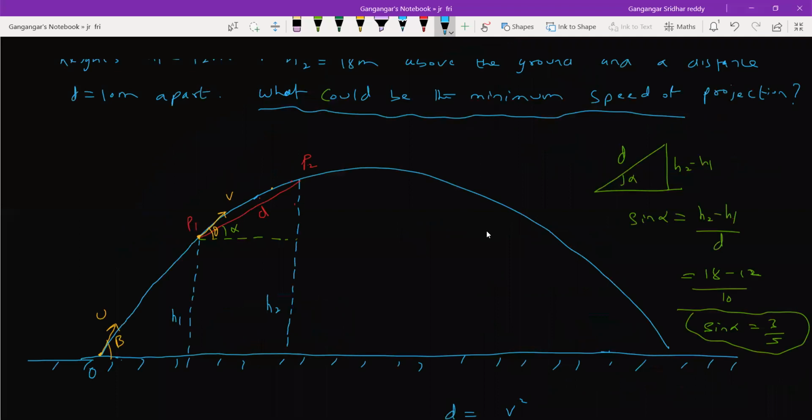Sir, why did you take d as R max, sir? Why maximum range? That's the question I'm asking, no? Why is that particular formula introduced here?